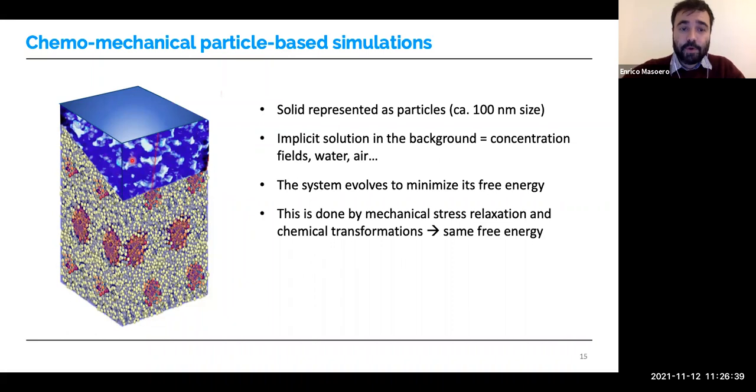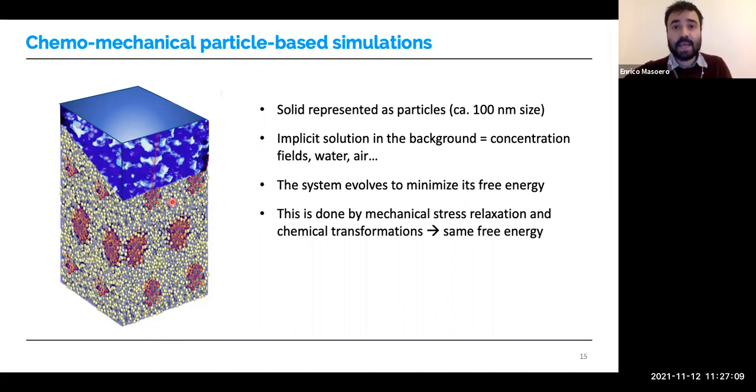This system, both the solution in the pores and the solid, evolves together, trying to minimize its free energy. So it's a coupled system, and this free energy can be relaxed in two ways. There can be chemical transformations that imply precipitation, dissolution, diffusion, that can lower the free energy of the system, but also mechanical interactions, because these particles are mechanically interacting with each other. So stress relaxation is another mode to minimize the free energy.